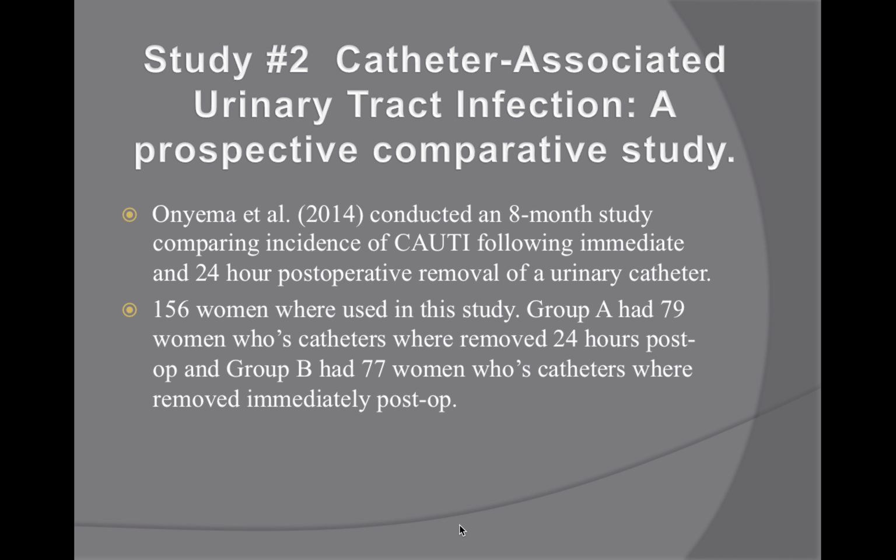This actually was a study on women who went in for a C-section, and all of them got a urinary catheter placed, and they divided 156 women into 2 groups. Group A had 79 women whose catheters were removed 24 hours post-op, and Group B had 77 women whose catheters were removed immediately post-op.